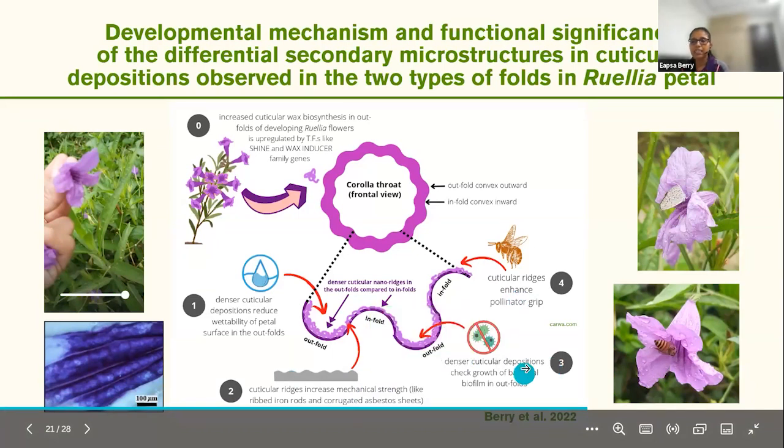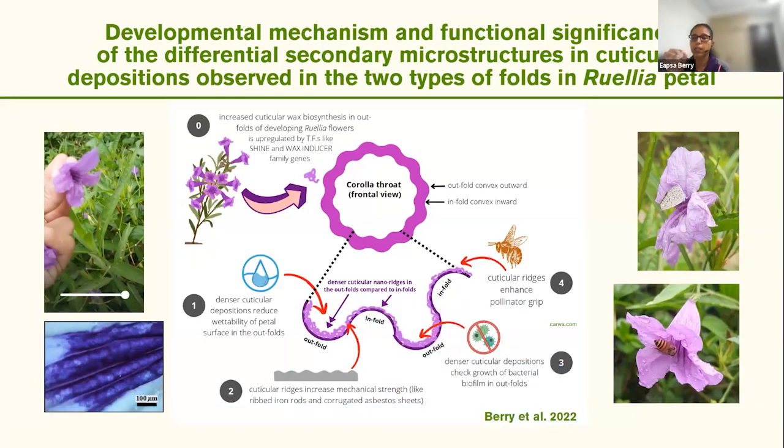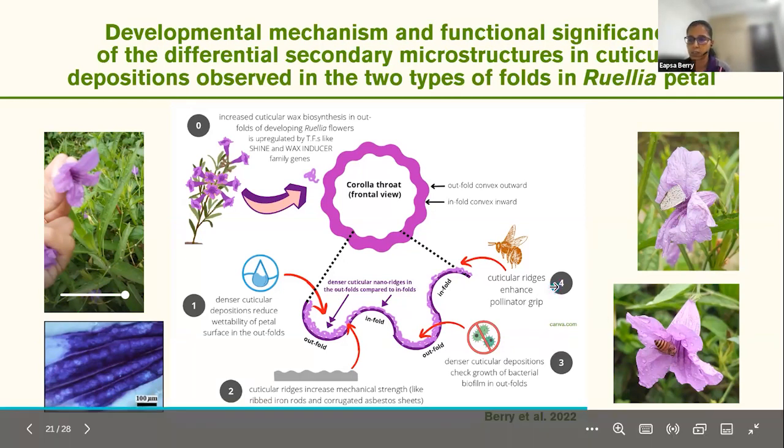Thirdly, bacterial growth is found to be checked by cuticular depositions. Wax depositions, both epicuticular and cuticular, have been shown to check or avoid bacterial biofilms growing on these surfaces.